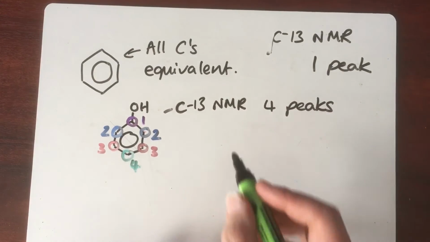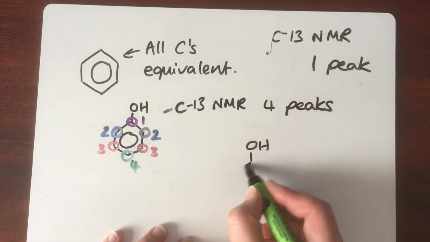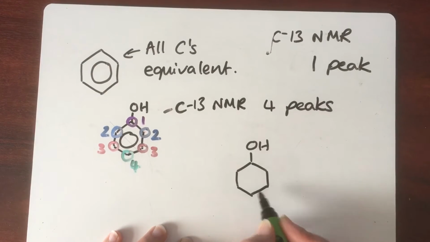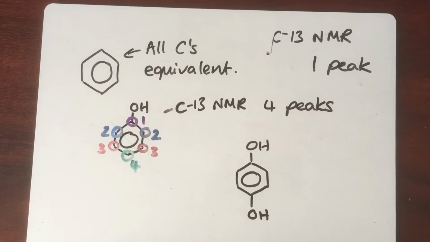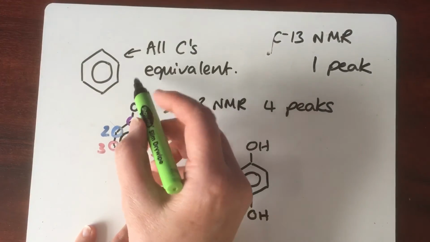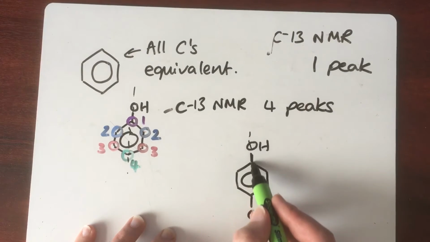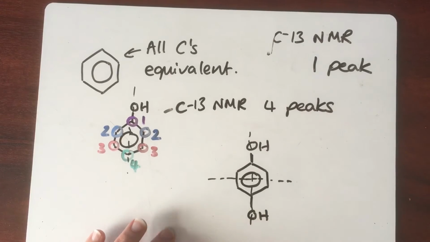Now, let's just go to another example, quite similar. If you had this example, now you can see we've got, probably because of the way we've drawn it here, it looks as though it's not quite so, but where we only had one line of symmetry going down the middle of this one, we've actually got 2 lines of symmetry with this one, there and one across the centre of the ring that way.